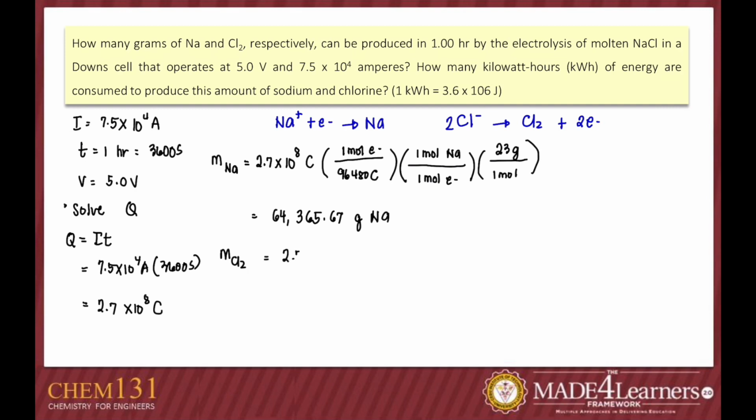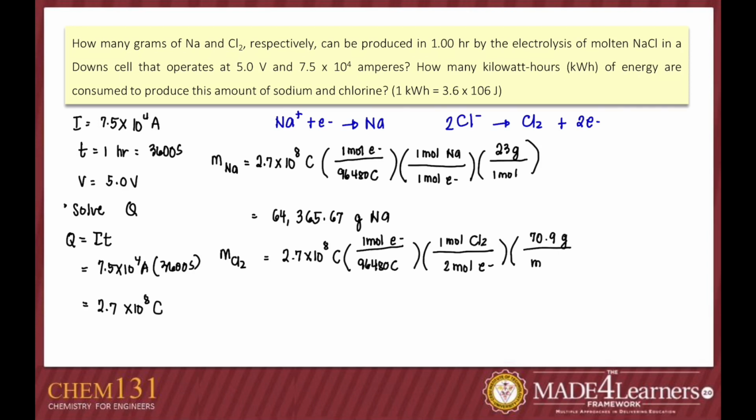On the other hand, for chlorine, the mass of chlorine, we still start with a charge, 2.7 times 10 to the power of 8 coulombs, and 1 mole of electron transferred for every 96480 coulombs. And from the reaction, we can see that for every 1 mole of chlorine gas produced, there's 2 moles of electrons transferred, and the molar mass of chlorine, Cl2, is 70.9 grams for every 1 mole.